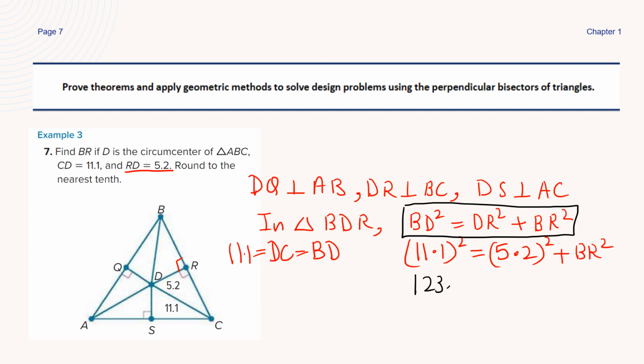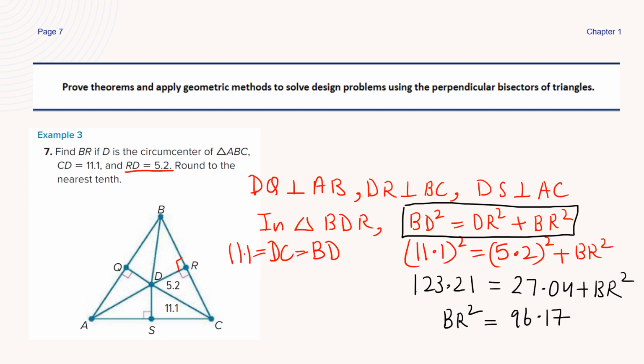So let's simplify this. We are going to get the answer in decimals, and as you see in the instruction, we can round it off. So this is going to be equal to 27.04 plus BR square. So BR square is equal to, just subtract the two numbers. When you subtract, this comes out to be 96.17. Now we need to take the square root.